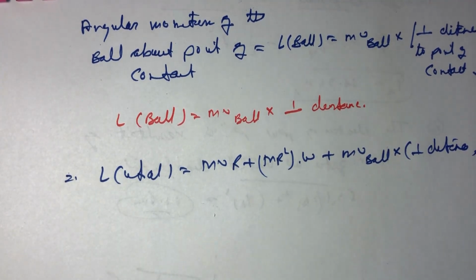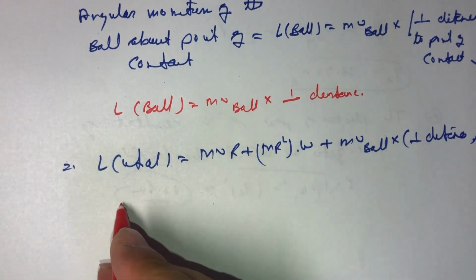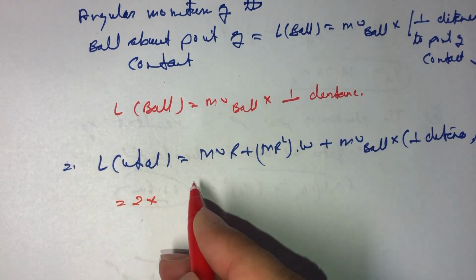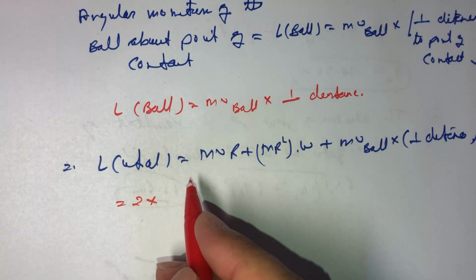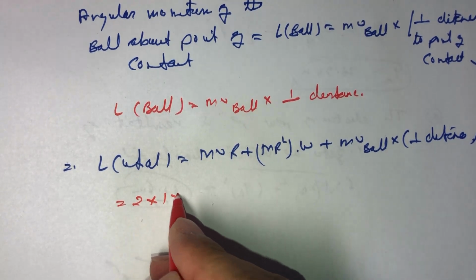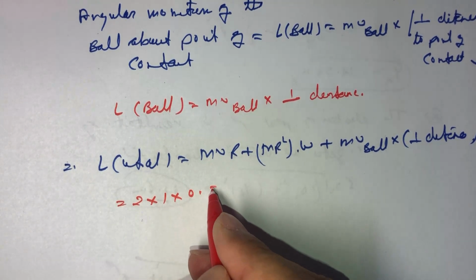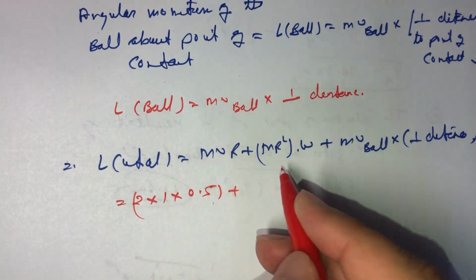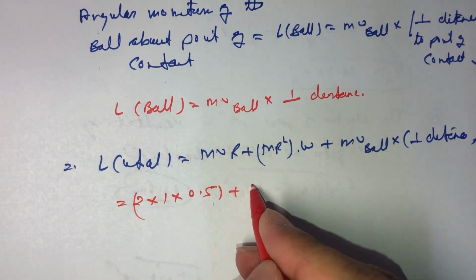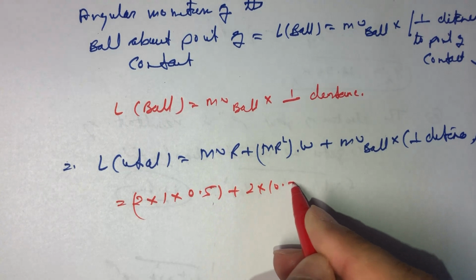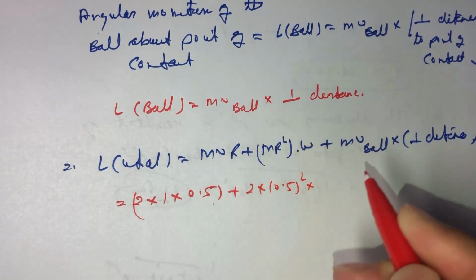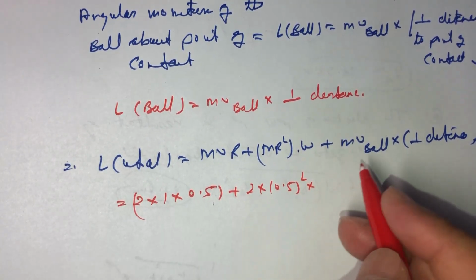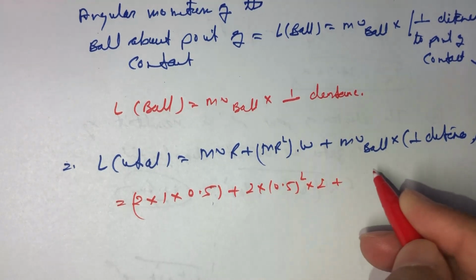Substituting the values, the mass of the ring is given as 2 kg, its velocity is given as 1, radius is 0.5, plus once again 2 multiplied by 0.5 whole square, and omega, which we found out, is 2, plus.